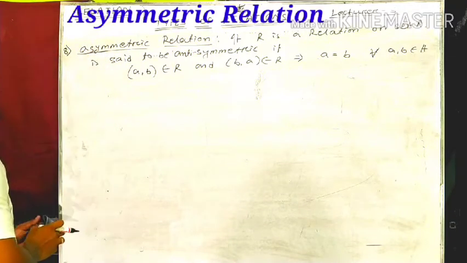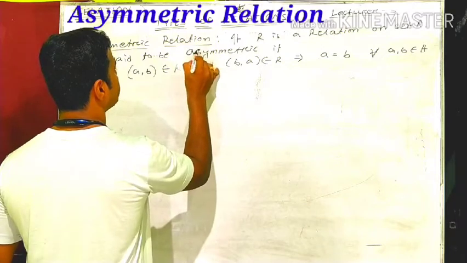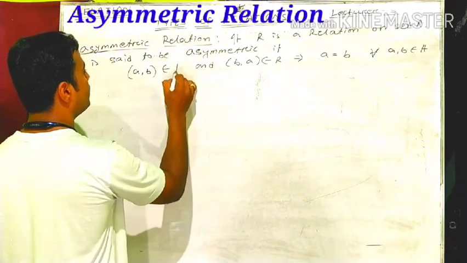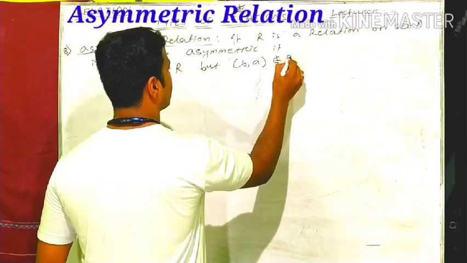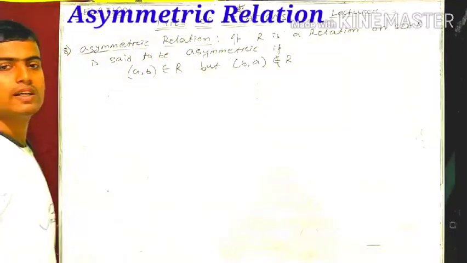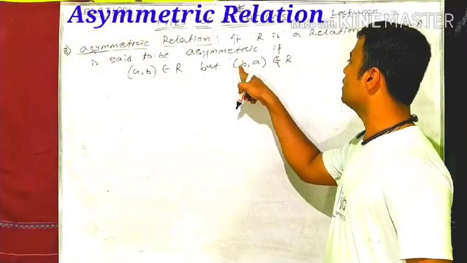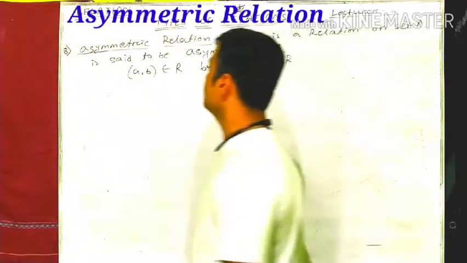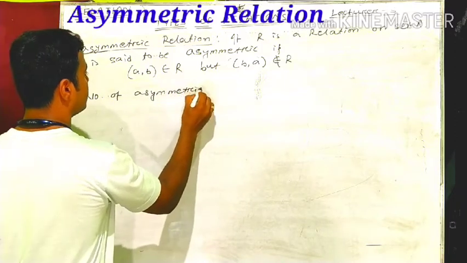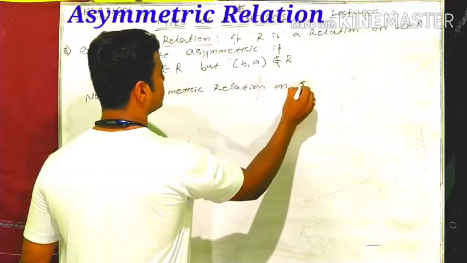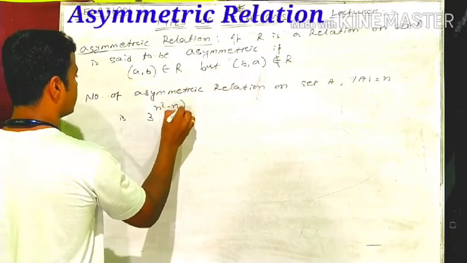Asymmetric means if R is a relation on a set A, it is said to be an asymmetric relation if (a,b) belongs to R but (b,a) does not belong to R. So the number of asymmetric relations on a set A with cardinality n is 3 to the power (n squared minus n) by 2.